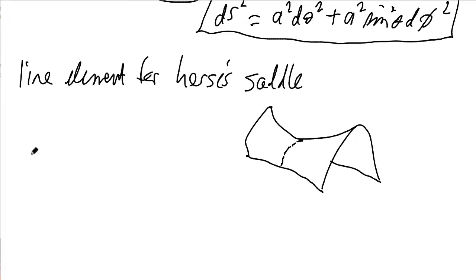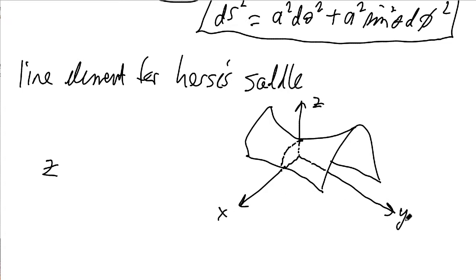Let's say it's the surface, and here's my z, x and y coordinates in the three-dimensional embedding space. And let's define the horse's saddle to be the surface z equals y squared minus x squared.